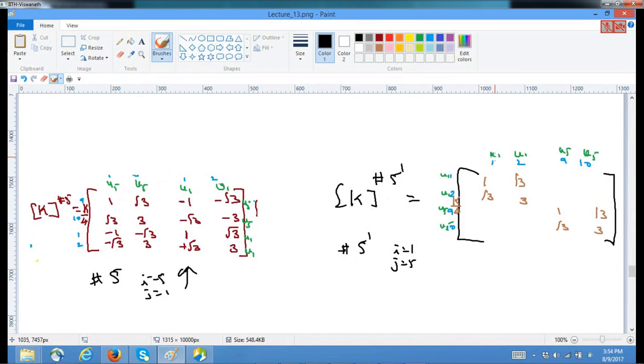In that case, my degrees of freedom are U1 V1, U5 V5, and it would be something like this, and it will come the same thing. So this 1 and 1 will go here. You try to compute it, it will come to be the same, but I'm promising that it will come. This exercise you can do yourself. With the new angles, you will end up with the same thing as what I'm writing.